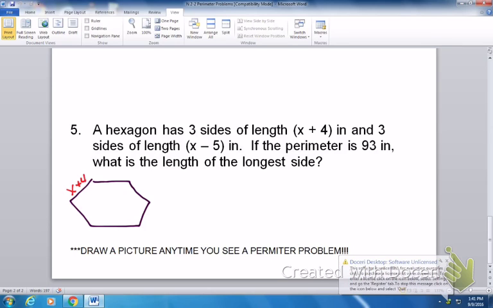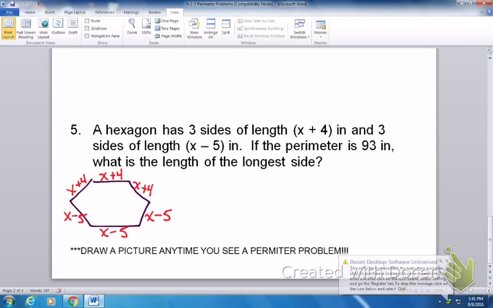It does not matter which sides you label x plus 4, as long as there's 3 of them. Then says the other 3 sides are x minus 5. It then says if the perimeter is 93 inches, what is the length of the longest side?